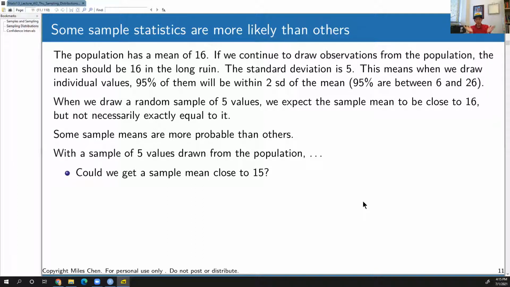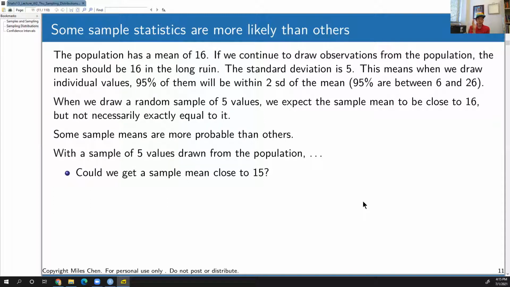And we said that when you draw individual values according to the normal distribution, if the standard deviation is 5, then around 95% of them will be within 2 standard deviations of the mean. If the mean is 16 and the standard deviation is 5, that means going up 10 or down 10, so between 6 and 26.